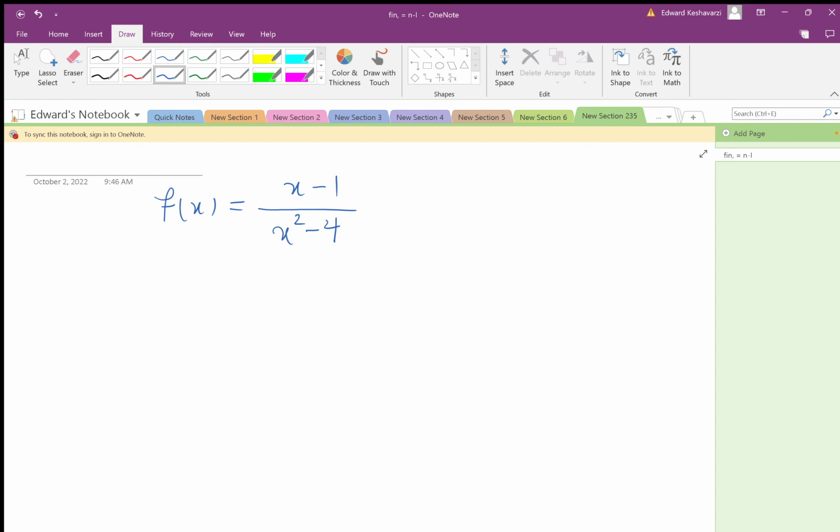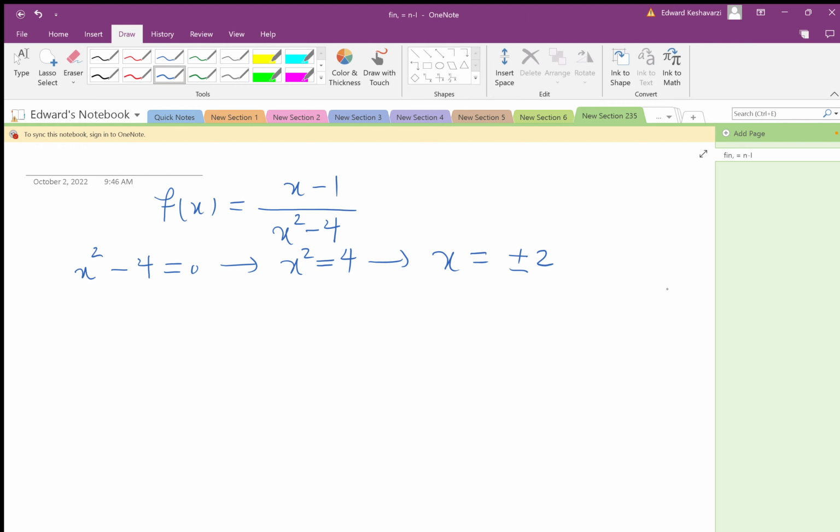When your function is undefined at a point, how could it be continuous? So we set the denominator to 0. So x becomes positive and negative 2. So we have 2 discontinuities here, which are 2 and negative 2.